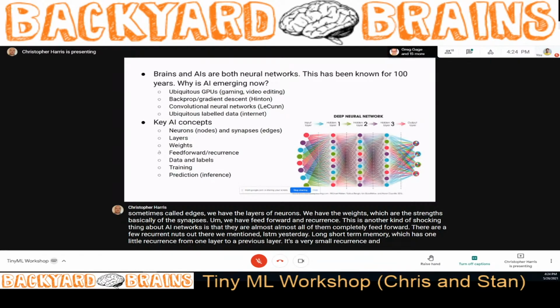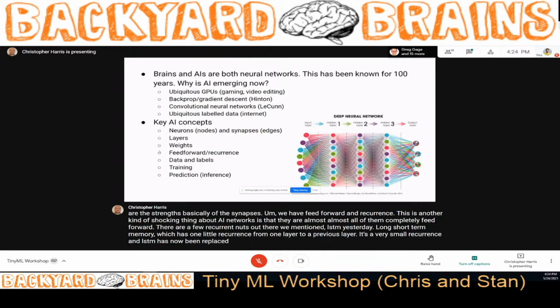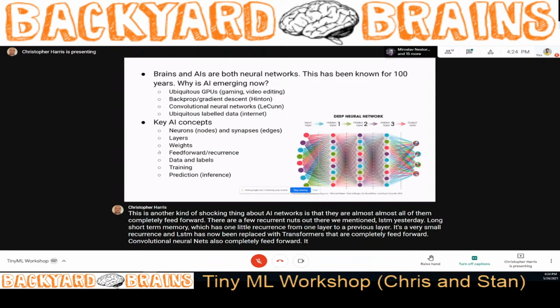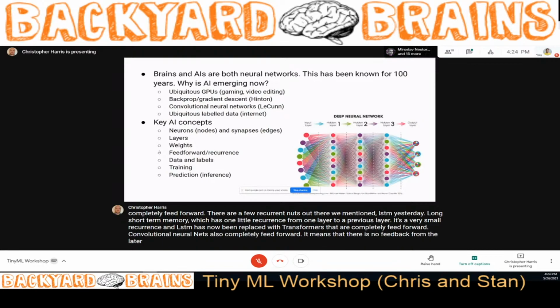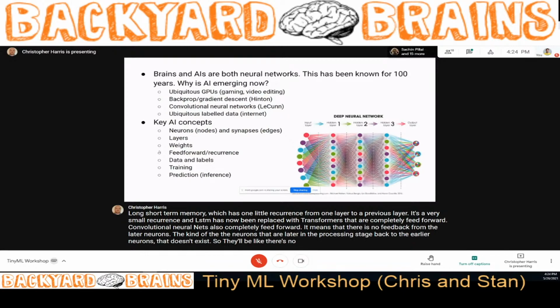And LSTM has now been replaced with transformers that are completely feed-forward. Convolutional neural nets are also completely feed-forward. It means that there's no feedback from the later neurons, the neurons that are later in the processing stage, back to the earlier neurons. That doesn't exist. So in terms of neuroscience, that would be like there's no top-down processing, there's only bottom-up processing.